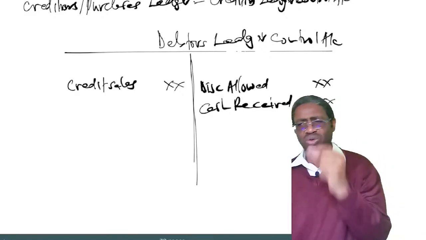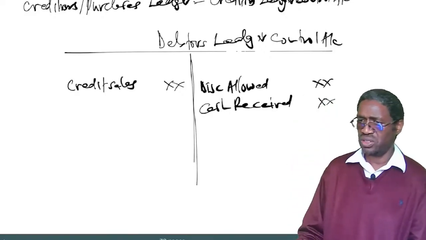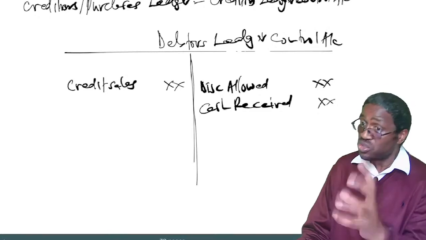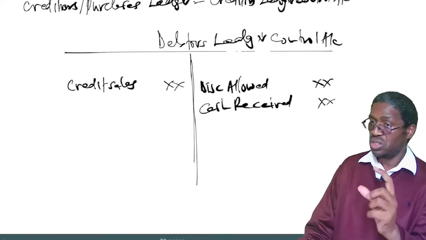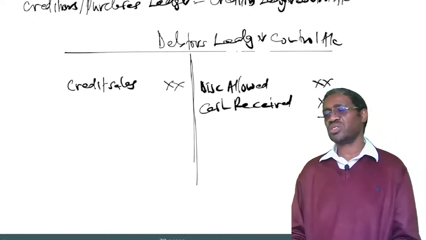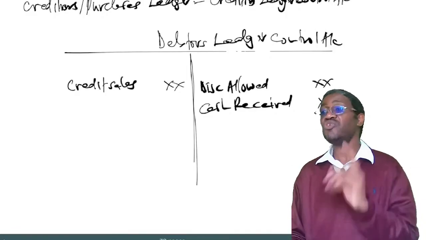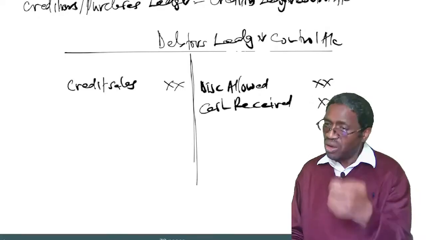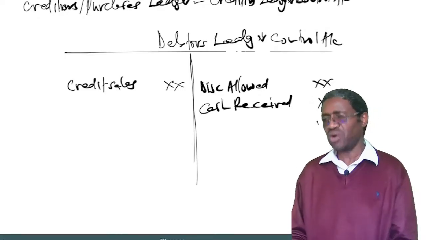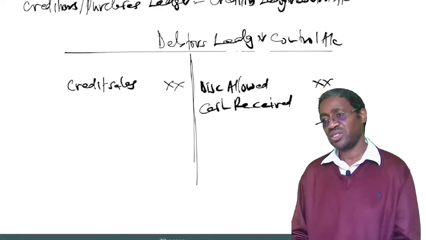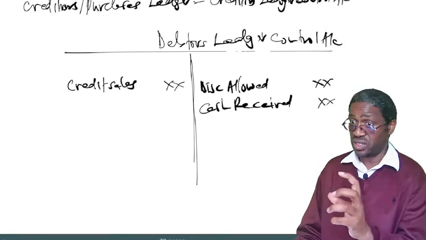When you allow your customers some discount, remember you are reducing what they owe you. When you sold goods, you debited the debtor, meaning you are charging him. Now that you are giving him a discount, he will pay you less.